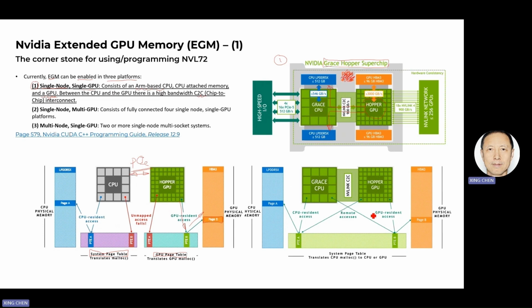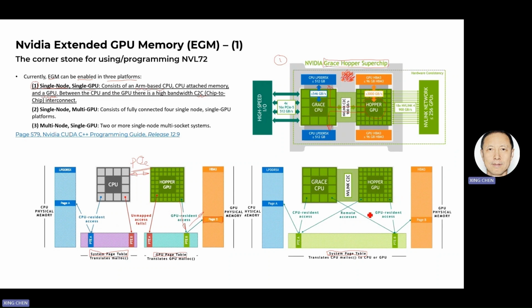With this Grace Hopper superchip, things have changed. From the programmer's point of view, the user's point of view, there is a system-wide page table, and this page table is shared by the CPU and the GPU.